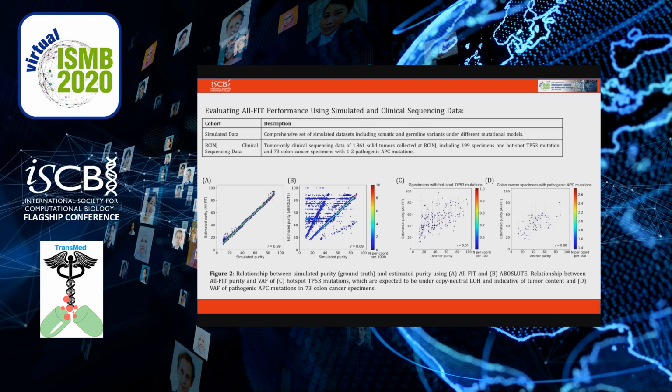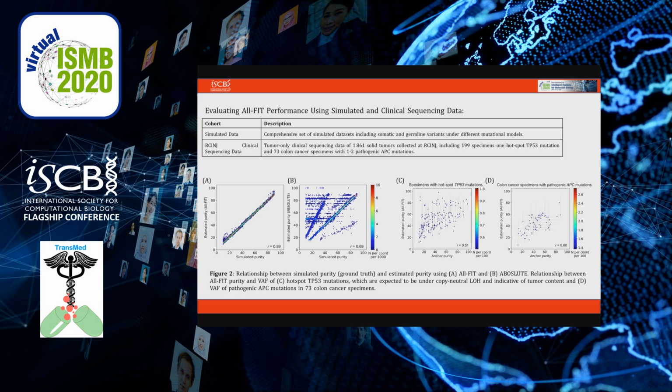We also applied ALLFIT to clinical sequencing data of 1,861 solid tumors collected at Rutgers Cancer Institute, including 199 specimens harboring one hotspot mutation in P53 and 73 cancer specimens with 1 to 2 pathogenic APC mutations.